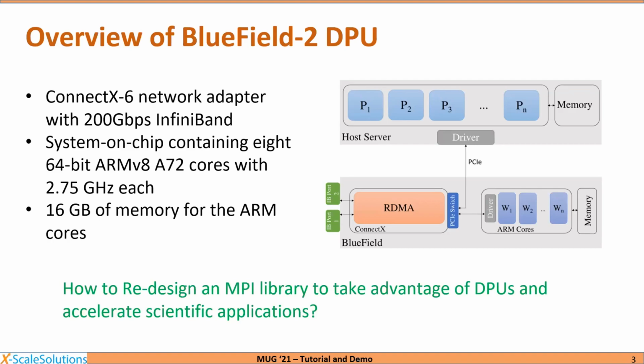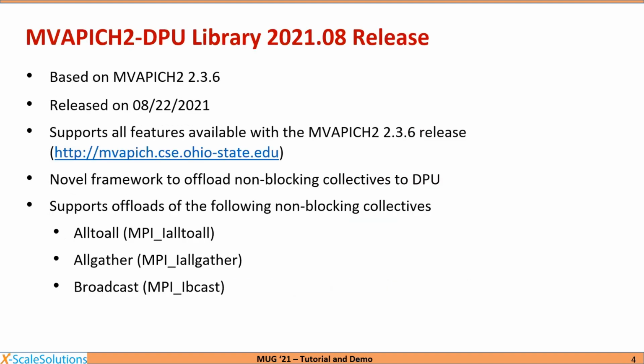How to restructure or redesign the MPI library to take advantage of this DPU is what we try to show, and that's what our library has been achieving. This is the latest release; we just released it yesterday.